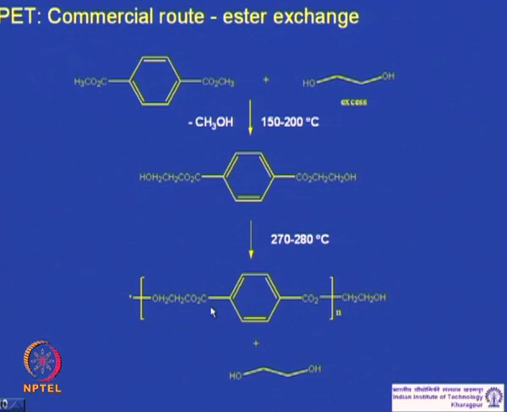Another way of making PET is, instead of taking dimethyl terephthalate, you can start with terephthalic acid, make this first and then follow the same process. So, this is the commercial route of synthesis of polyethylene terephthalate, and these are the trade names under which polyethylene terephthalate is sold in the market.